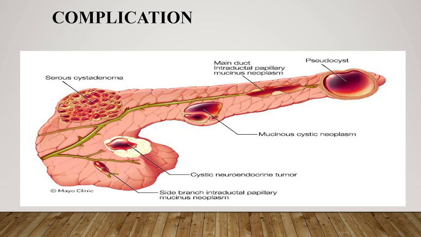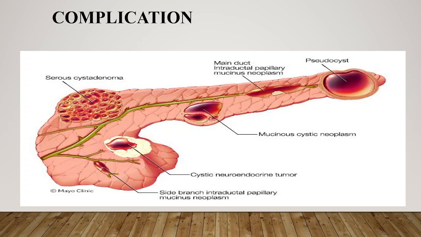Acute pancreatitis can lead to severe complications. Locally, patients may develop a pancreatic pseudocyst, where fluid collects around the pancreas, pancreatic necrosis or tissue death, or abscess formation.